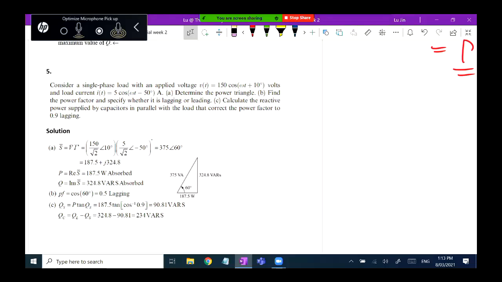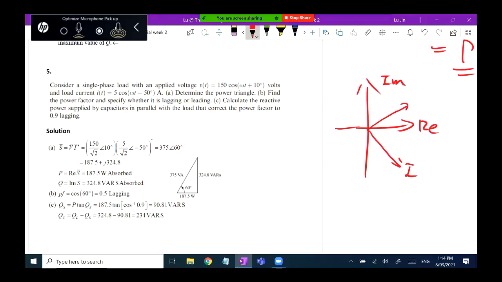This is nothing about this question, I just gave you some idea, okay? If you draw these two phasors, current and voltage, the current is at negative 50 degrees, and roughly, given here, the voltage is at positive 10 degrees, pointing in this direction.